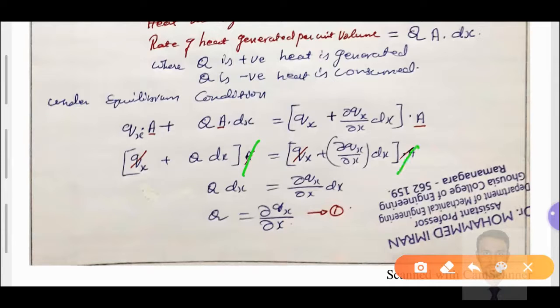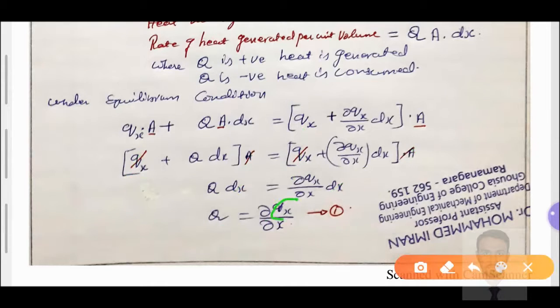So A will get cancelled. After cancelling A, q of x remains on both sides, so q of x will get cancelled. Then Q into dx on the left hand side is taken, the remaining value is dou qx by dou x into dx. Then dx will get cancelled, leaving only Q equal to dou qx divided by dou x. Call it equation number 1.